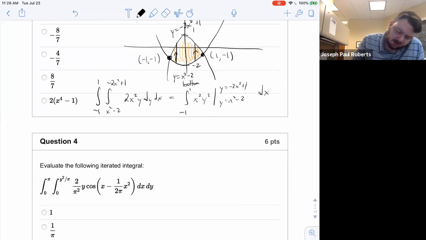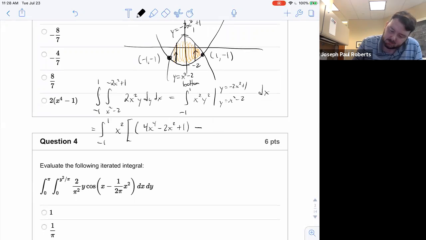And so squaring that out, we're going to get, what, minus 1 to 1, x squared times 4x to the fourth minus 2x squared plus 1 minus x to the fourth minus 2x squared, oh, sorry, minus 4x squared, right? 2 times each one.